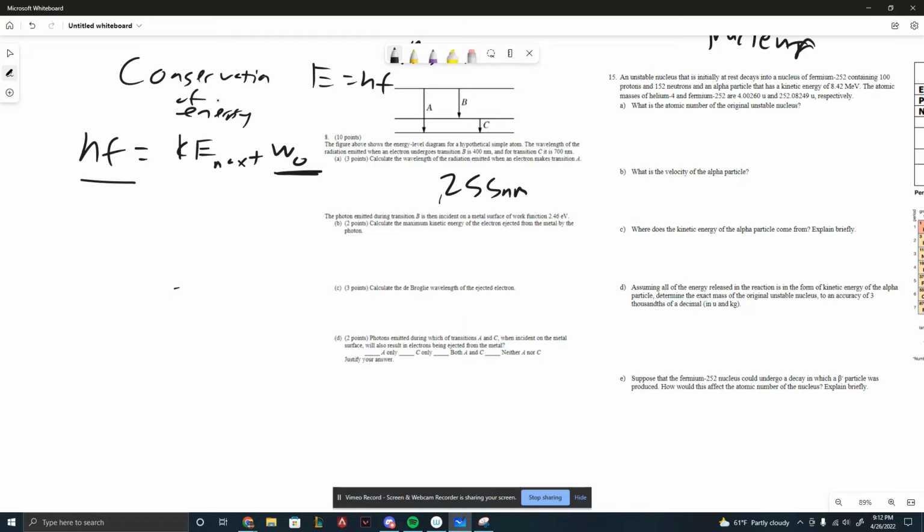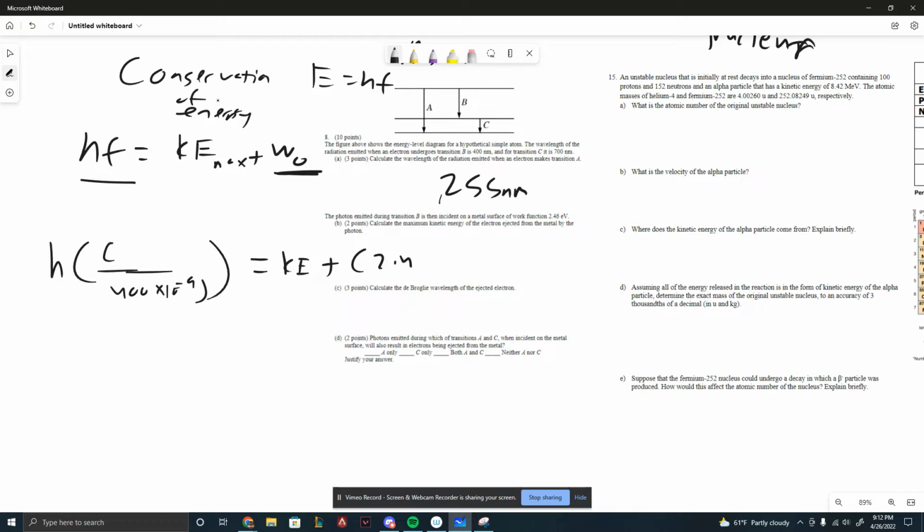So we don't have f here, but we do have wavelength. So we can do hc over 400 times 10 to the negative 9 meters is equal to our KE plus our work function of 2.46 eV.